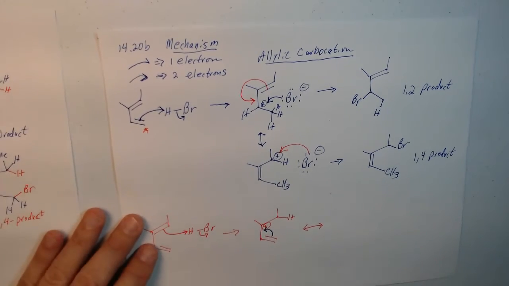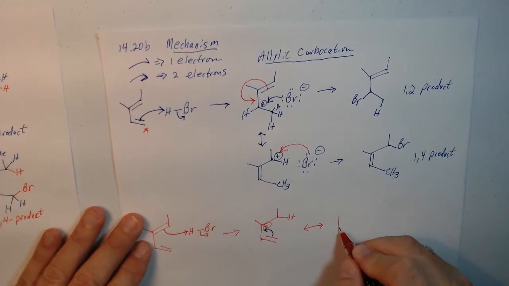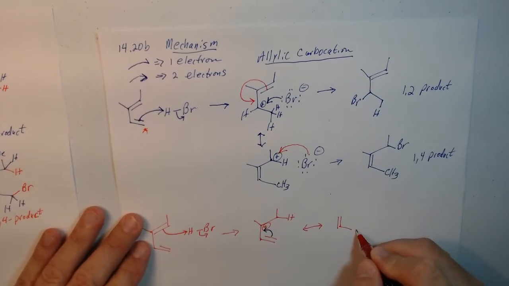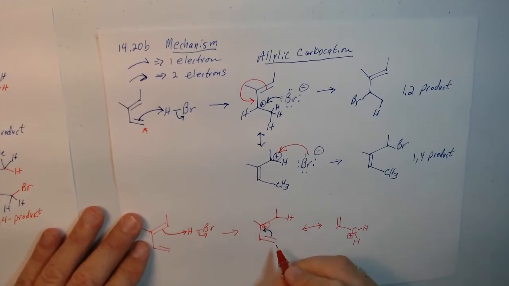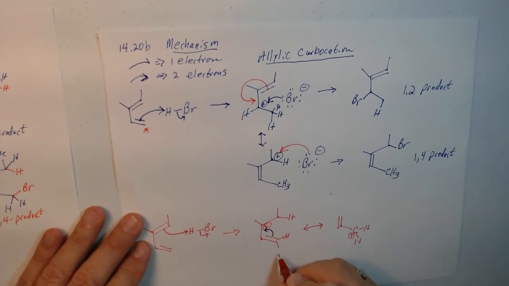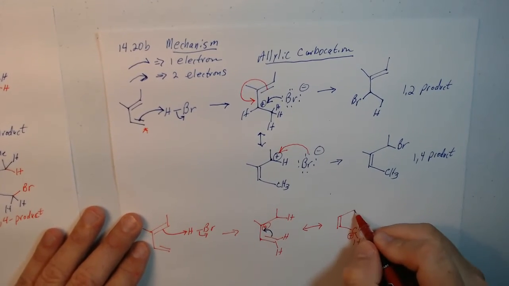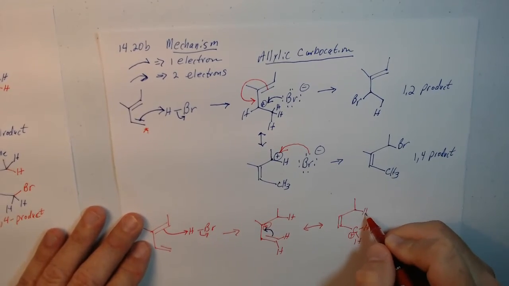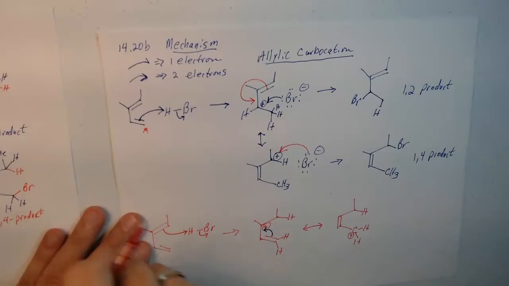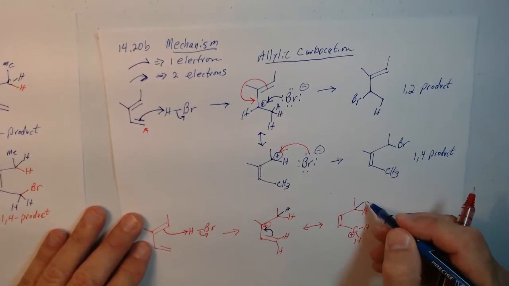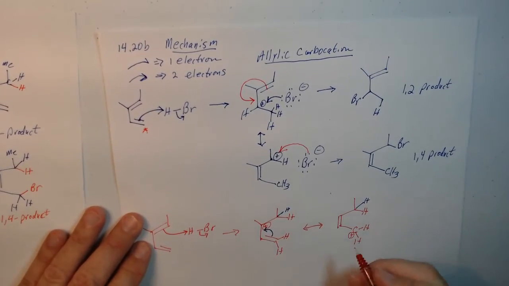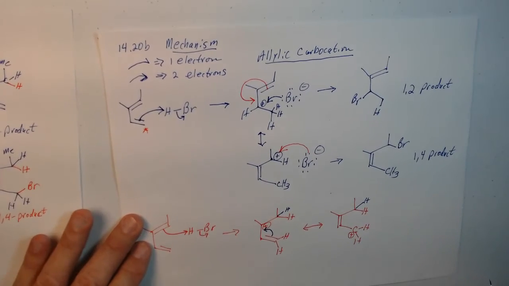Resonate that double bond, move 2 electrons. I'll put those 2 hydrogens in explicitly so you don't think they're appearing from nowhere. That's the hydrogen I added. Now don't forget, there was already another hydrogen here. It's still there. Let me not lose that.